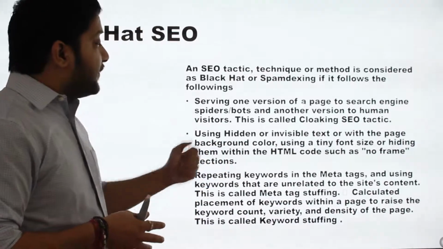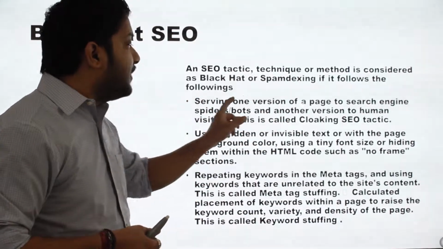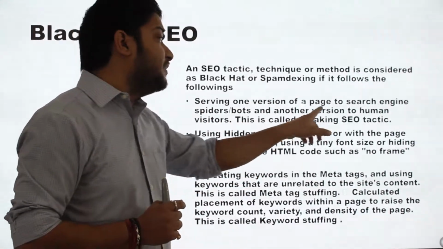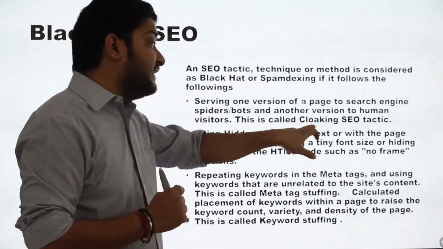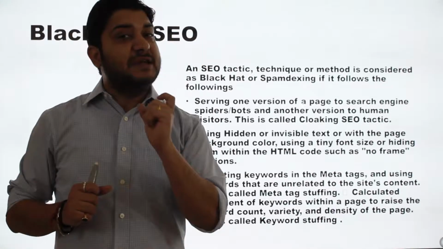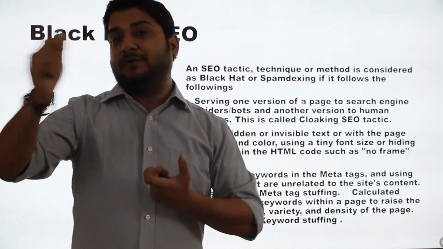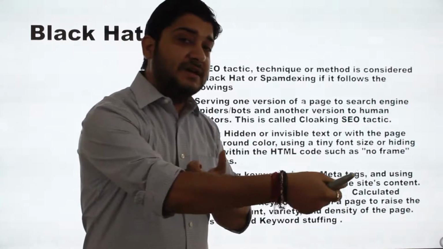Just moving further, the first thing you have to make sure of is not serving one version of the page to the search engine spiderbot and another version to human visitors. This technique is known as cloaking. Some website owners show one particular content to search engines and another content to users.